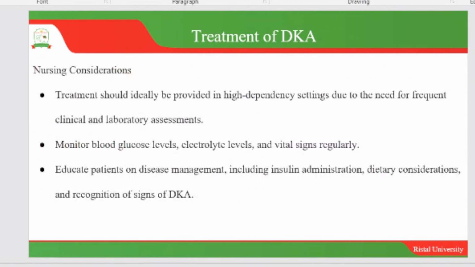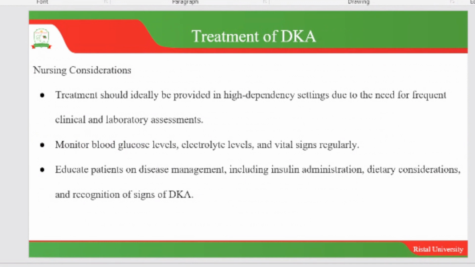The nursing considerations. Treatment should ideally be provided in high dependency settings. That's why you find such patients with diabetes in most cases are monitored in the ICU because they require close monitoring.